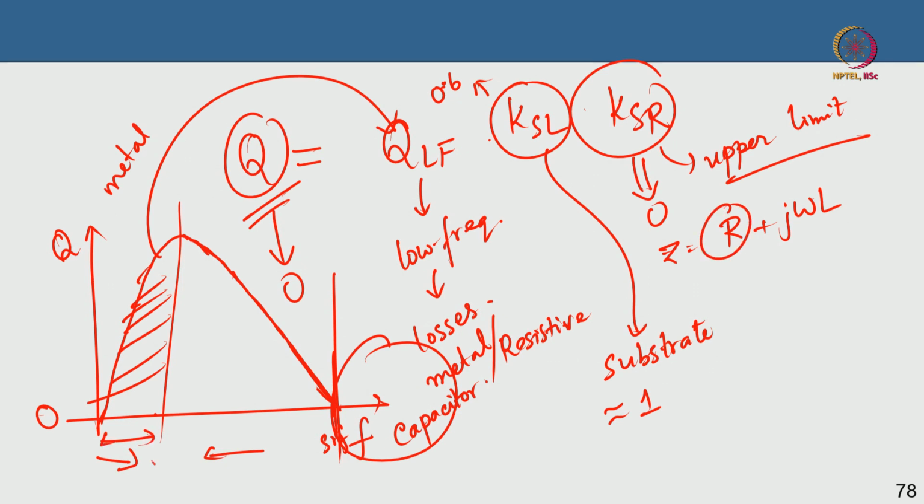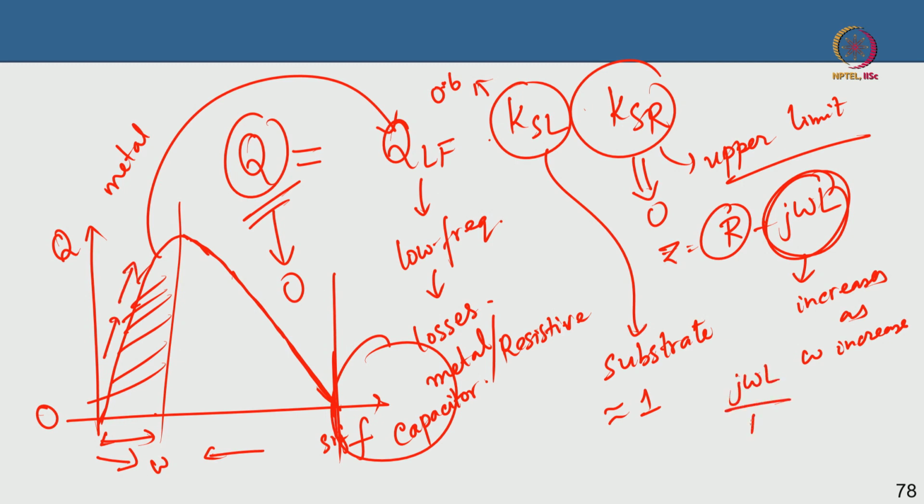So as you increase the frequency omega, the j omega L component also increases, and that is a good thing because it is an inductor, it is supposed to behave like an inductor. As you increase the frequency, your Q factor also increases because it is in a way proportional to j omega L by R. So your j omega L is increasing because your omega is increasing, so your Q factor is improving.